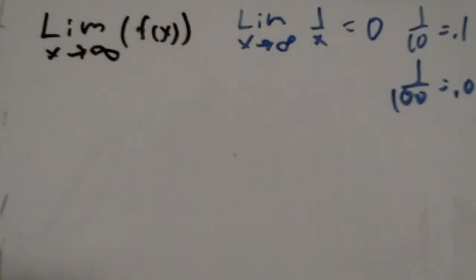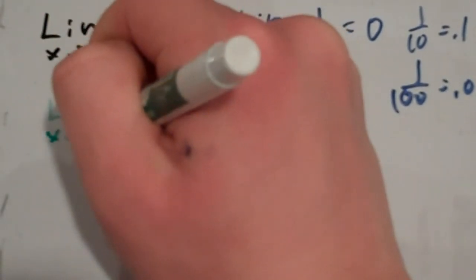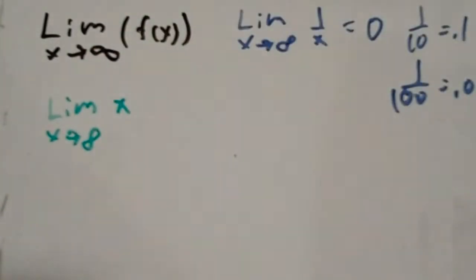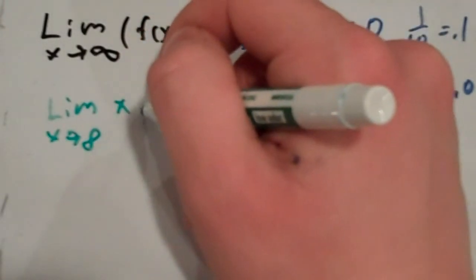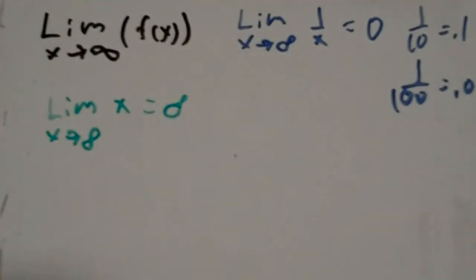Now, the second situation for this is, say we have the limit as x approaches infinity of just x. Well, as x approaches infinity, and we just plug it in for x, that means that y equals infinity. It's kind of the idea of y equals x.